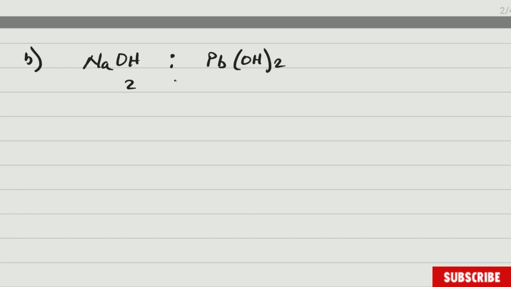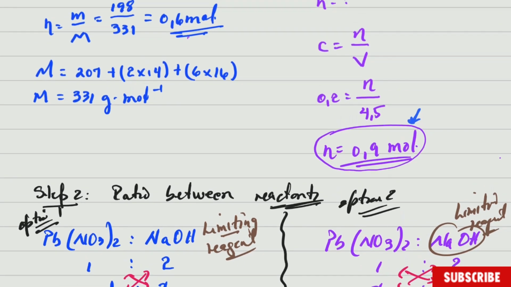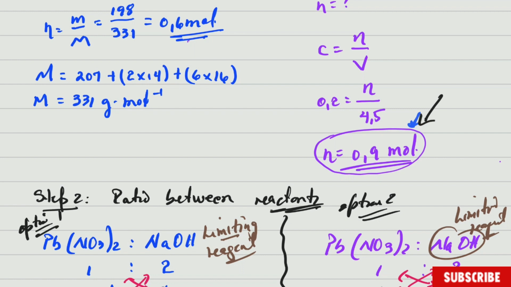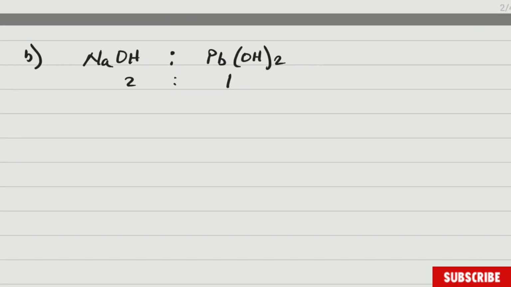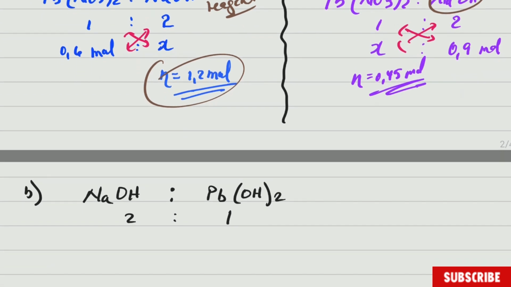It's 2:1. Now, how much sodium hydroxide do we actually have? We have 0.9. We cannot use the amount of lead 2 nitrate because we have more than enough, so it will be in excess. We have to use the one that is going to finish first, which is 0.9.